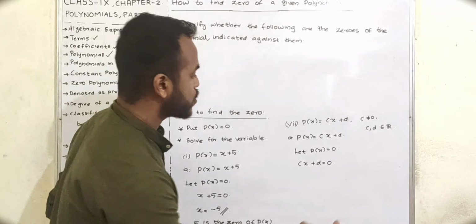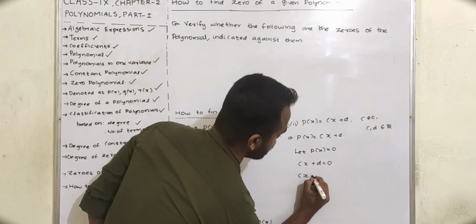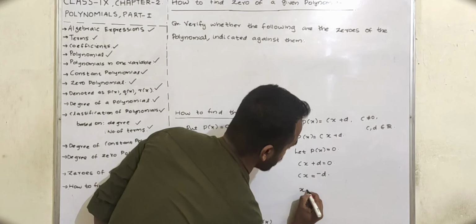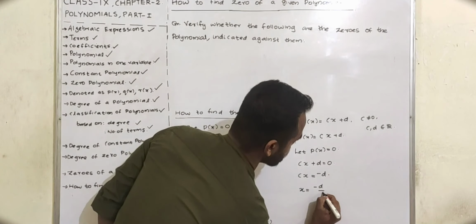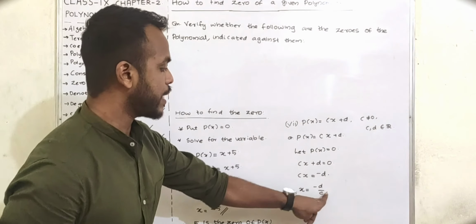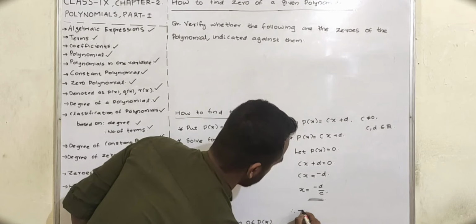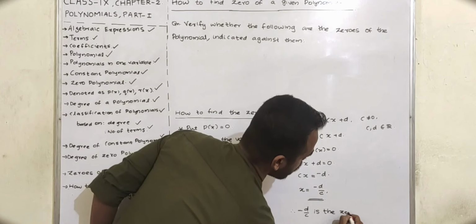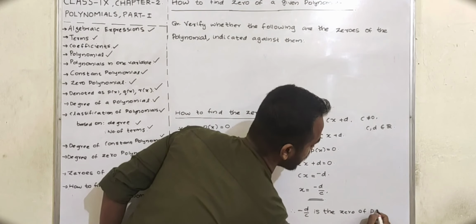That's our main step. So you will keep this cx here, take d to the other side, so it becomes minus d, and from this one x can be easily written as minus d by c. So this is our 0. So we can say therefore minus d by c is the 0 of p of x.